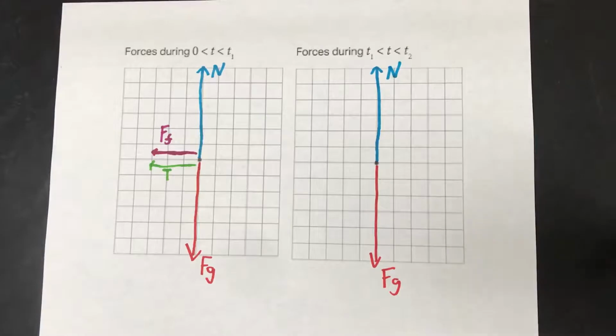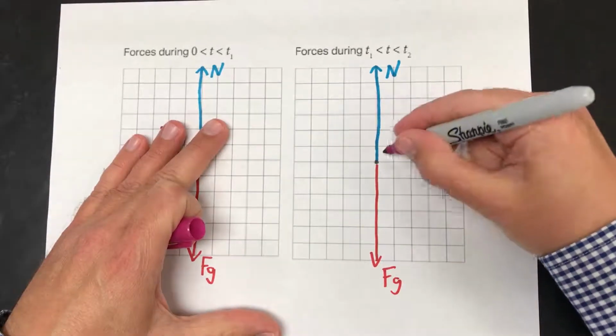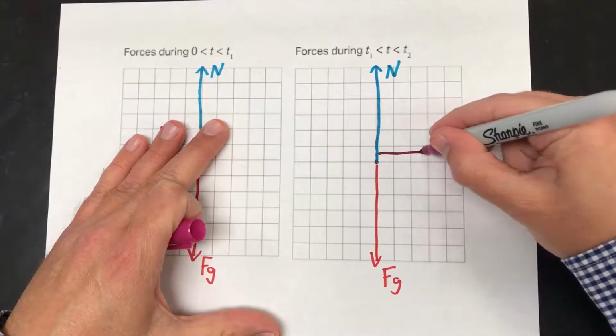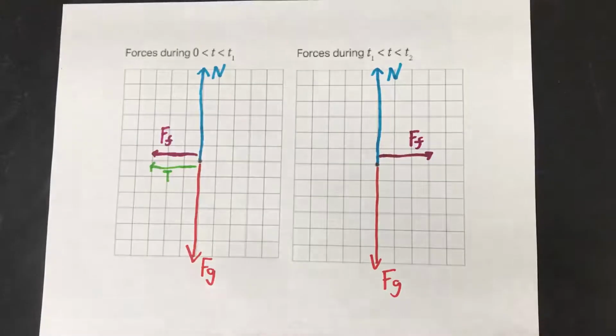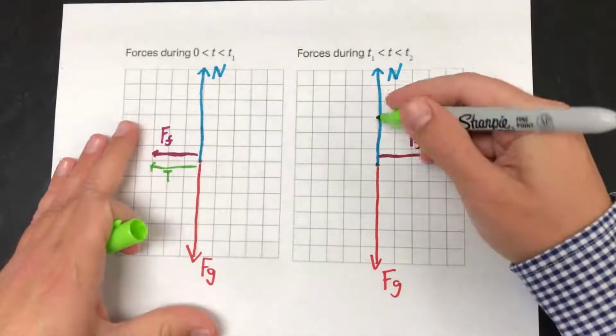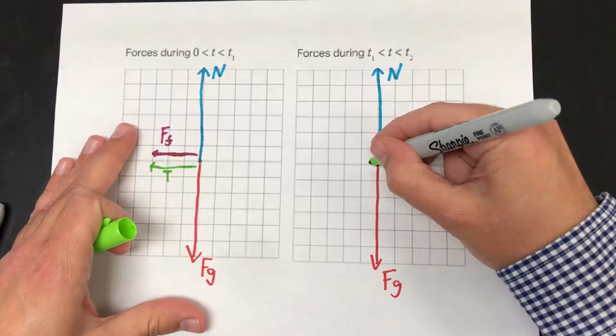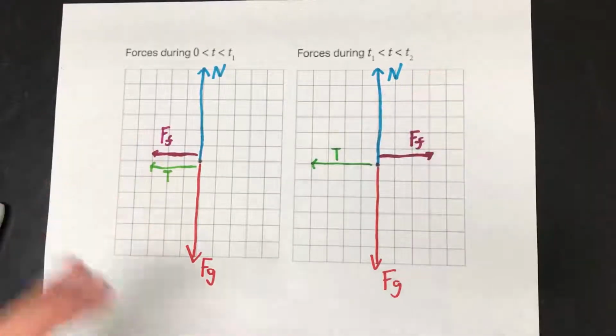The force of friction now is going to be opposed to motion just like before, and it will be back the other way. So there is the force of friction, and now we are going to have the tension that's pulling it to the left. The tension is going to go off in this direction.